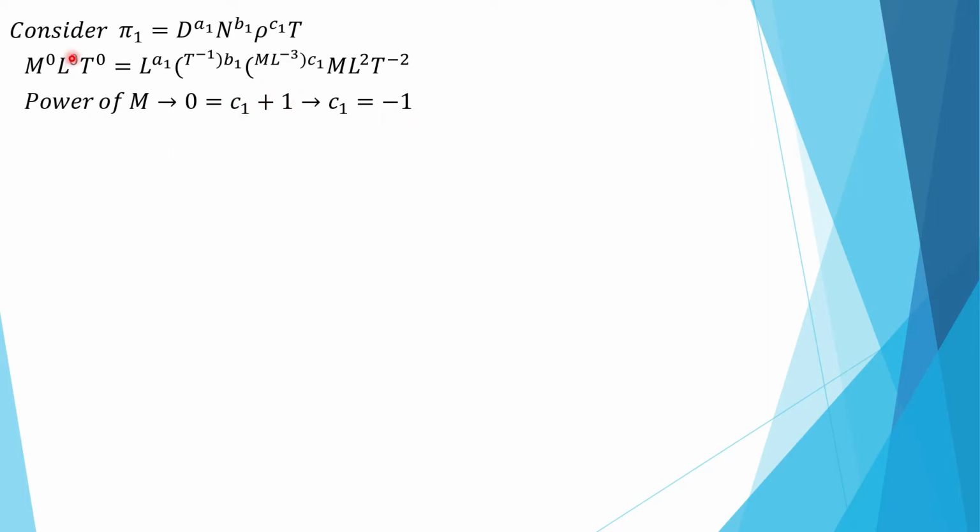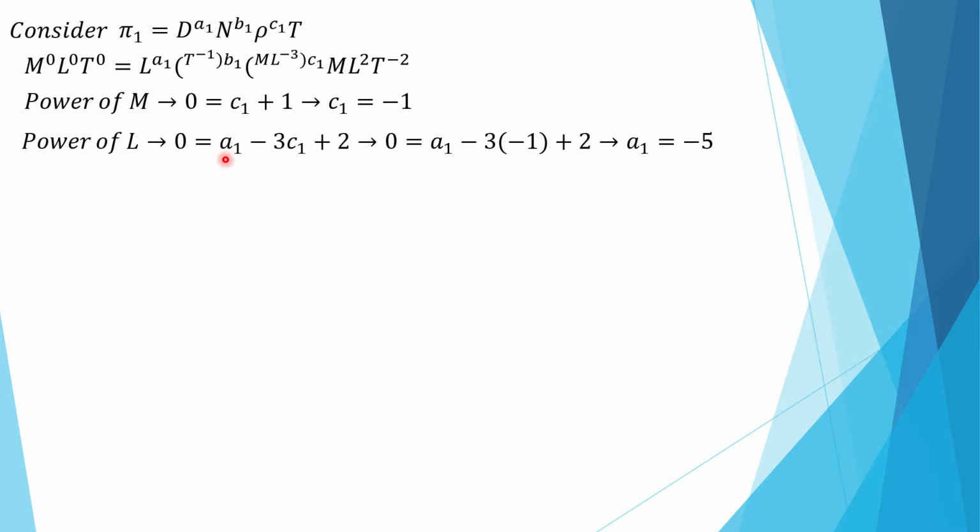Power of L: 0 is equal to a1 minus 3 c1 plus 2. So a1 minus 3 c1 plus 2. Substituting the value of c1, we get a1 as minus 5. And the power of T: 0 is equal to minus b1 minus 2.